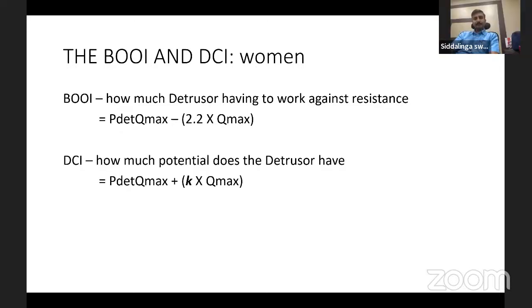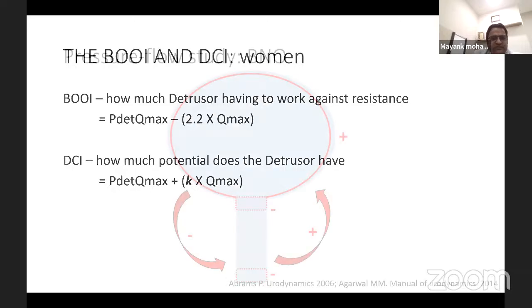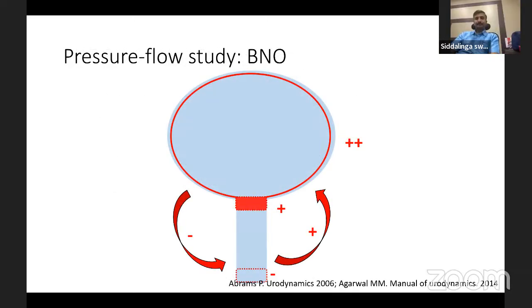For detrusor contractility index, there is much debate because there is no standard. Some people would say a young woman would have similar DCI as a young man. For elderly, it may be as low as PDet at Qmax plus Qmax. So we'll not go into a lot of details on women's urodynamics like this. So let us go by the first parameter.